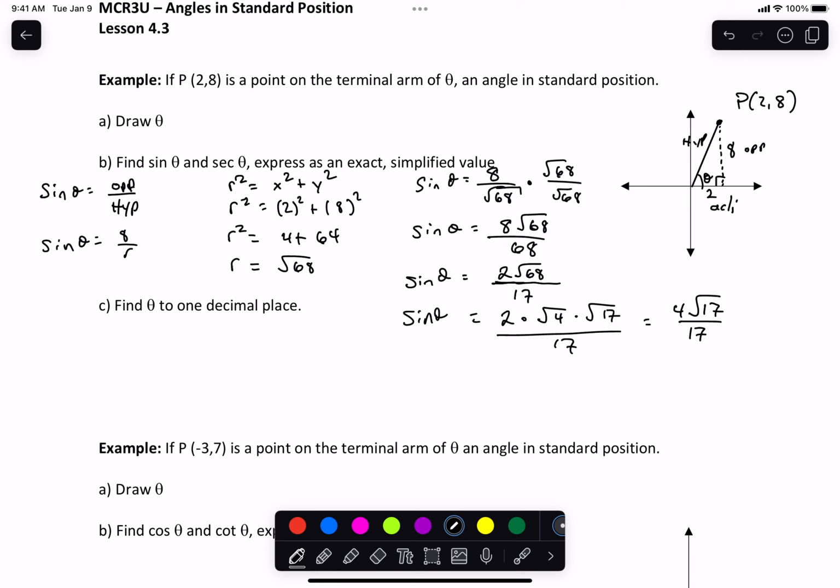Okay, and the secant would be what? Hypotenuse over adjacent. So you did all the work here, right? You found sine. But which one goes with sine? No, not secant. Cosecant. Cosecant is the one that goes with sine.